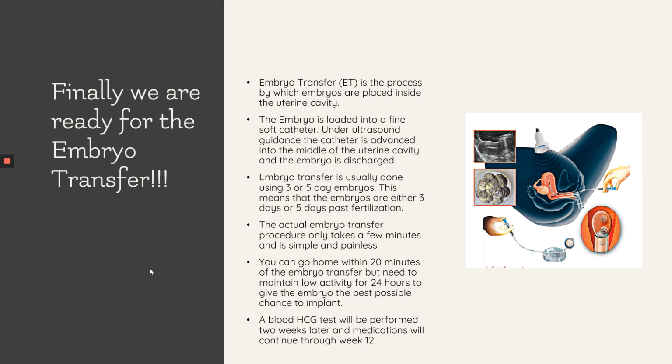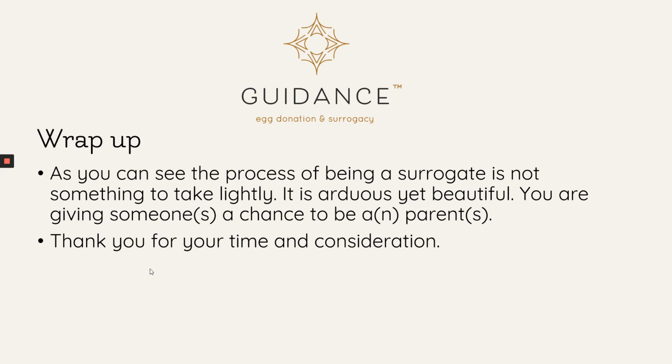Afterwards, you'll have a blood HCG test, typically 2 weeks after, while medications are continued for up to 12 weeks after the transfer. So some of those fun injections and medications will continue through the early pregnancy. So from there we have the blood test, which is hopefully at this point positive and healthy.